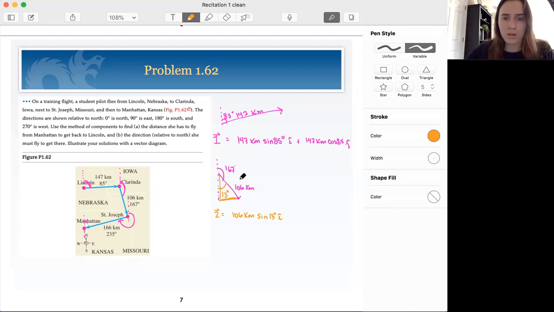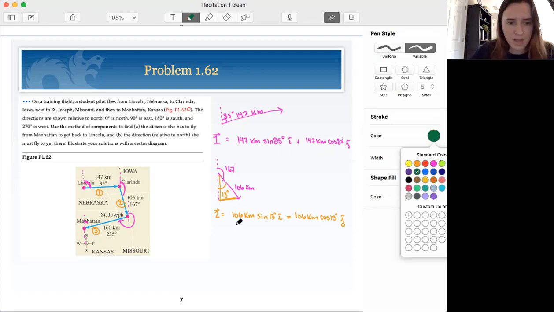And then cosine 13 is going to be my j hat. But I'm going downwards, so that's going to be negative. I'm going right, so that one's positive. Okay, so just for clarification, that's step 1. This is step 2.